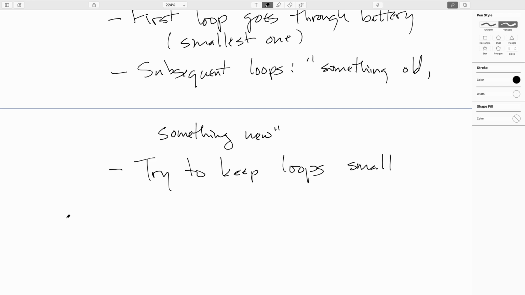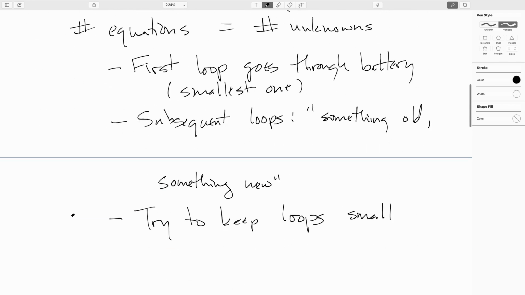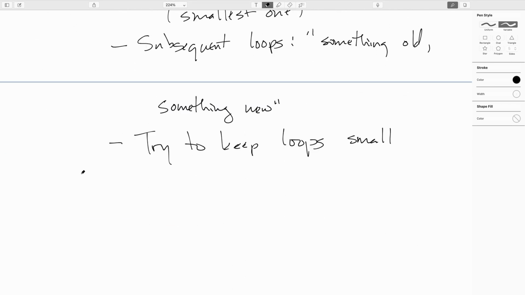So once you've done all that, what step are we on? Step 6. Solve using your favorite technique.